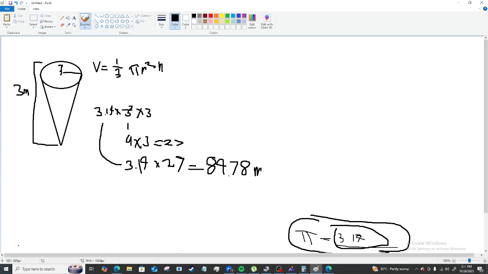Don't forget the meters. Don't forget the cube sign here. This is our answer. This is our final answer.